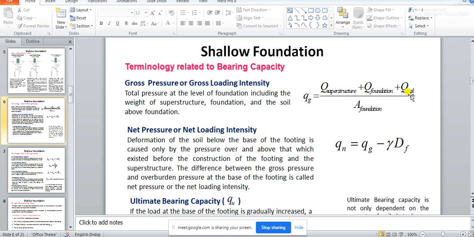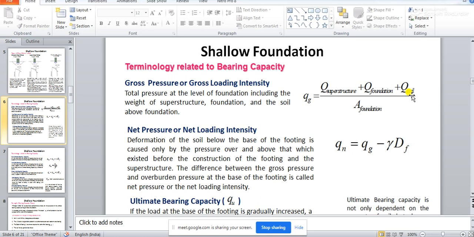So if we sum up all these weights, that means the weight of the superstructure, the weight of the foundation, and the weight of the soil above the foundation level, and divide it by the area of the foundation, then the intensity of loading or pressure intensity that we get, we define as gross pressure or gross loading intensity. Is it clear?